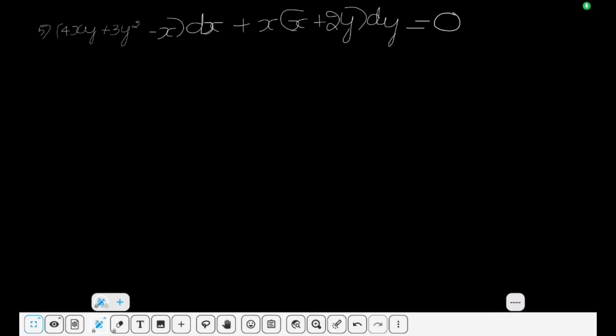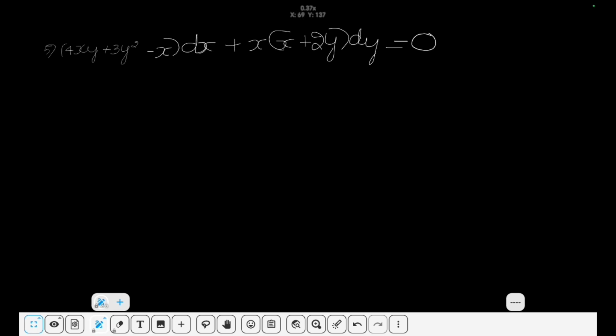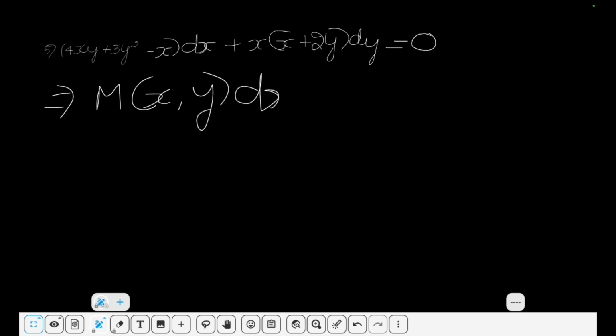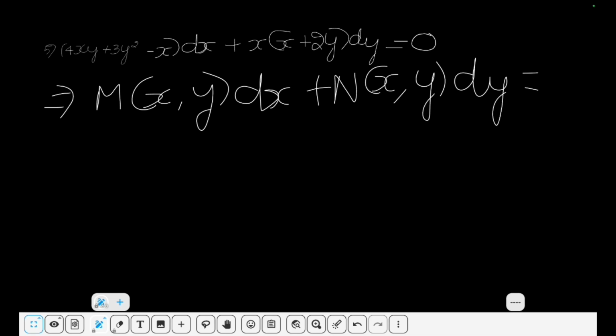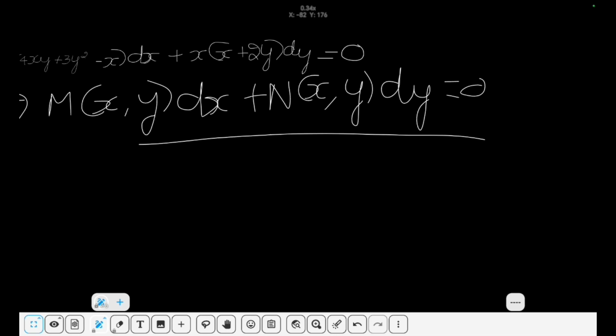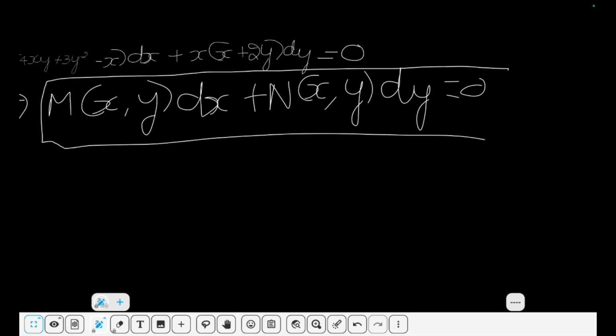Next question is (4xy + 3y² − x) dx + x(x + 2y) dy = 0. Now this equation is in the form M dx + N dy = 0, so this is the form of an exact differential equation.